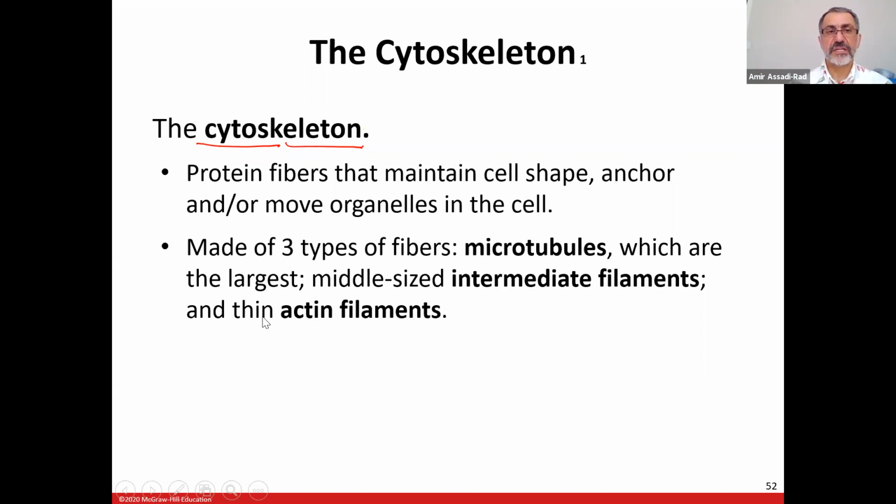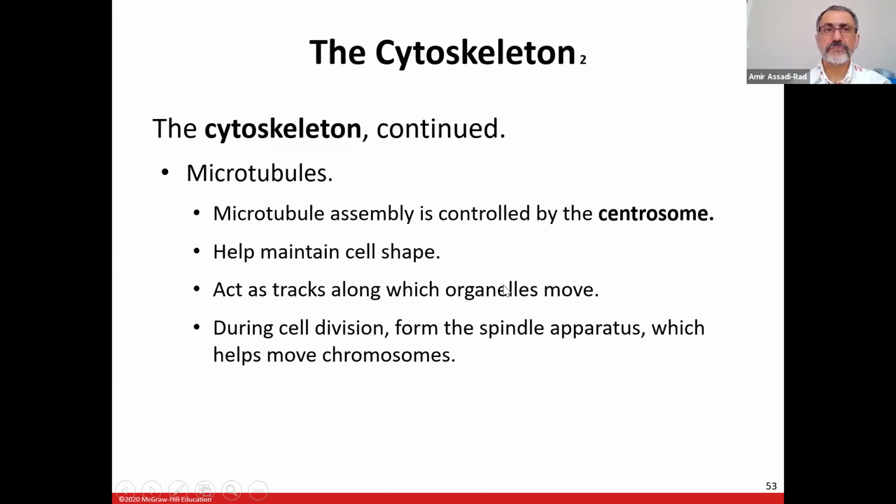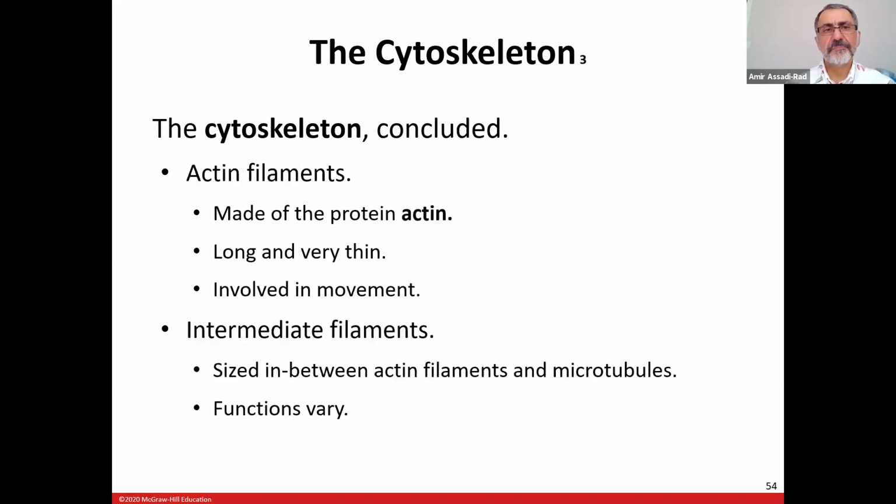Your textbook is calling it thin actin filaments. But anyhow, in the cytoskeletons, the microtubules involve centrosomes. So please make sure you read all of these and know them. And if you have any question, holler at me.